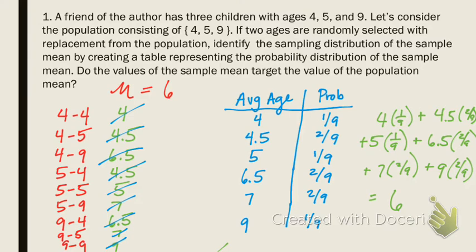Well, if you know it's unbiased, you can probably assume it's going to be 6. So I would say mu, and then my subscript is x bar. So it's not just mu, it's going to have a subscript of x bar. That's the mean of the sampling distribution, is what that means.